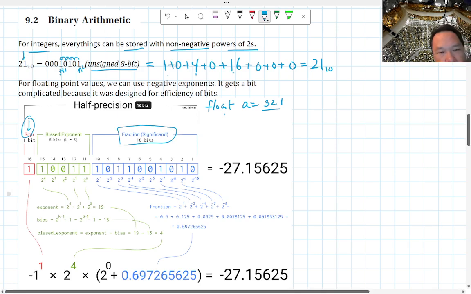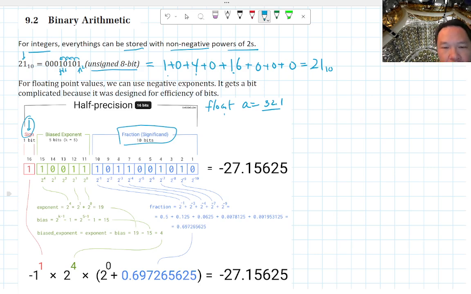For a floating point number, what that does is it tells you some fraction that's going to be less than 1. Because the biggest number here is 2 to the negative 1, which is actually 1/2. And then the next one is 1/4. The next one is 1/8, plus 1/16.